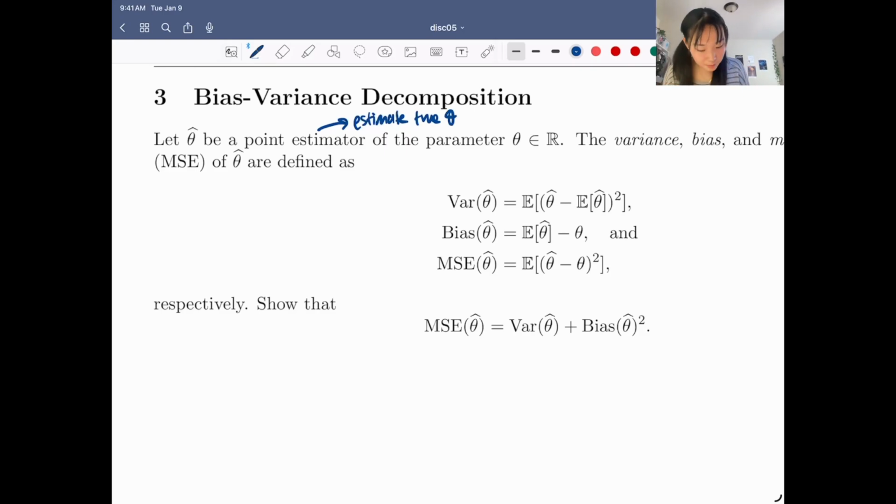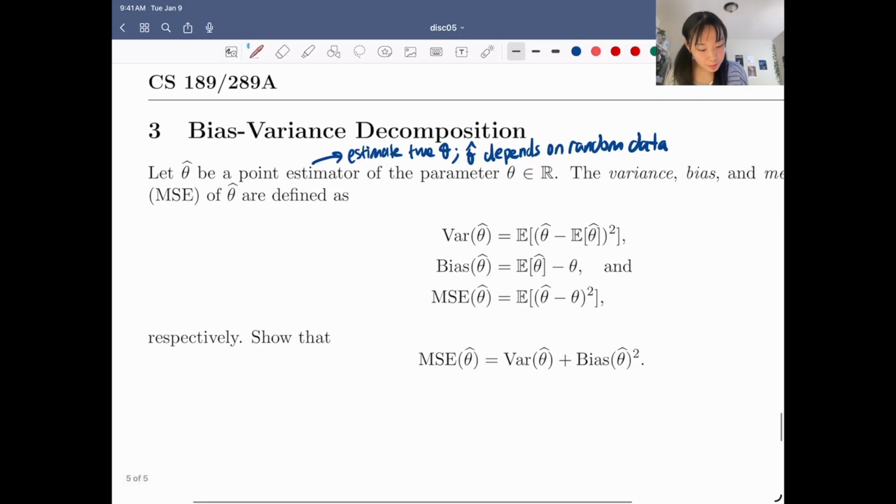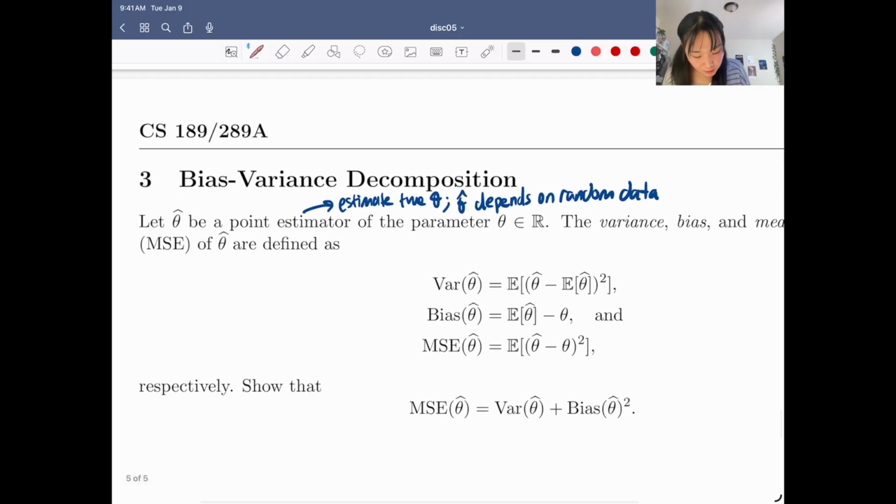This theta hat actually depends on random data. Another way to think about it is every time you have a data set, theta hat actually changes across random samplings.